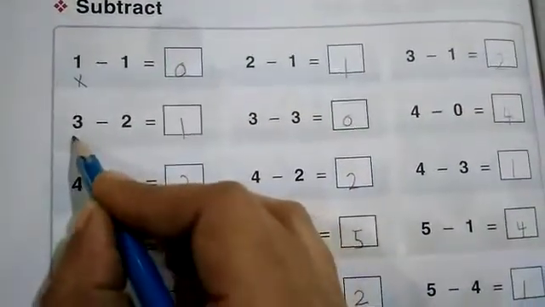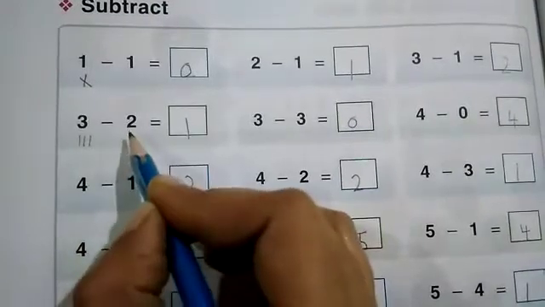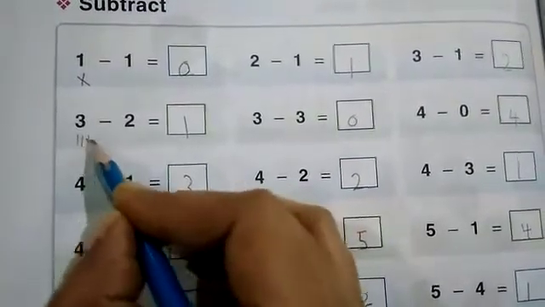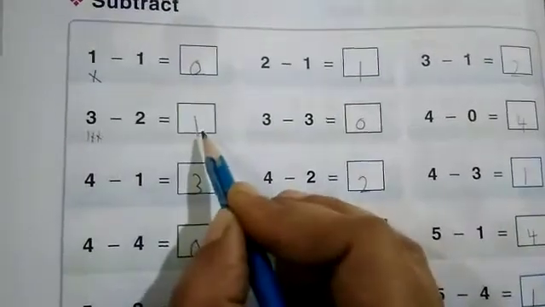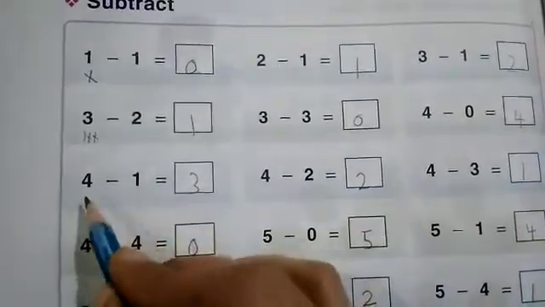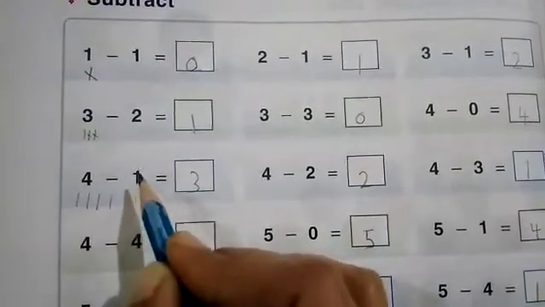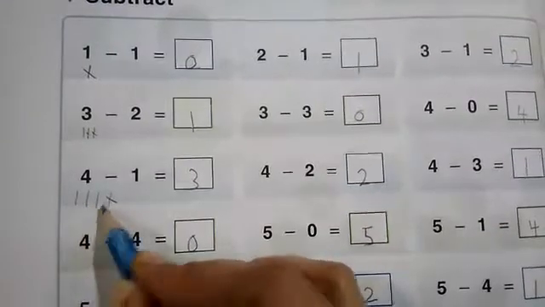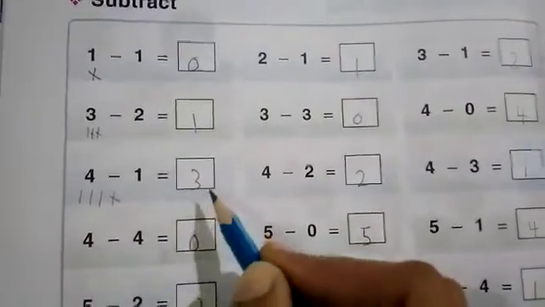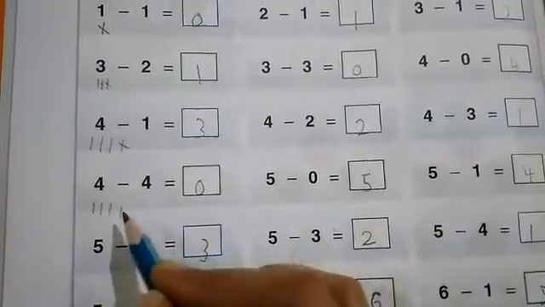Again here 3. So you can draw 3 lines. 1, 2, 3. You are taking 2 out. That means remaining leftover is 1. Here again 1, 2, 3, 4. You are taking 1. Take out 1. Remaining 1, 2, 3. So write the number 3. Here again 4. 1, 2, 3, 4.